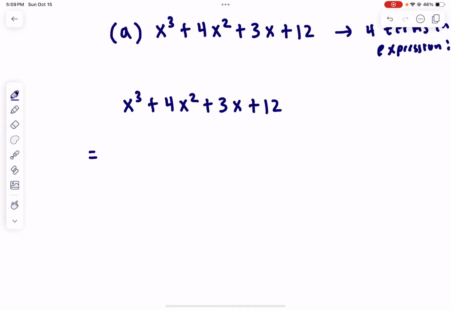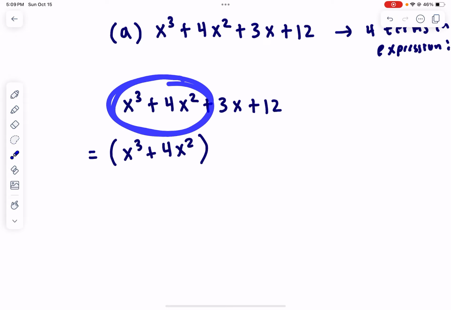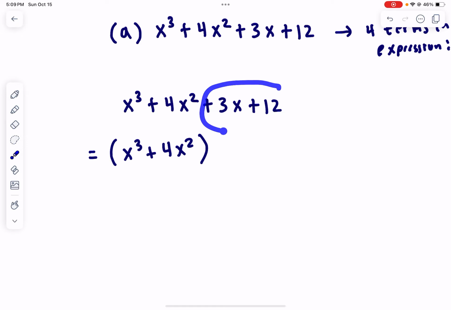That is equal to parentheses x cubed plus 4x squared. So we group these first 2 terms together, and then we'll group the last 2 terms together. So plus parentheses 3x plus 12.